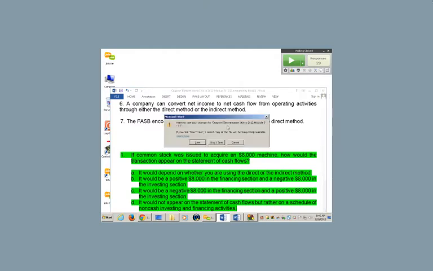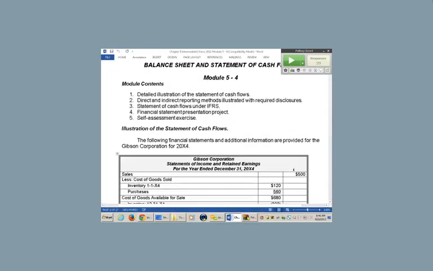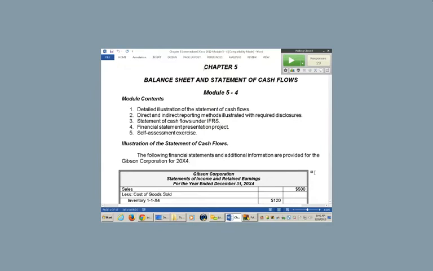Okay, let's go to this last module in 5. What I want to do here is cover a very detailed illustration of the cash flow statement. That'll include both direct and indirect reporting formats.